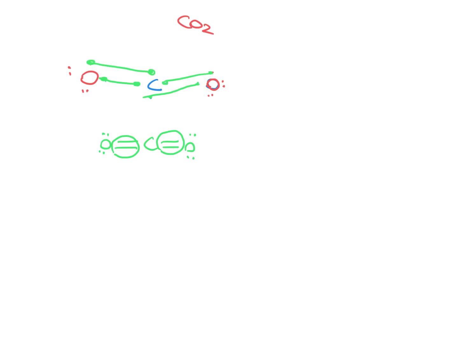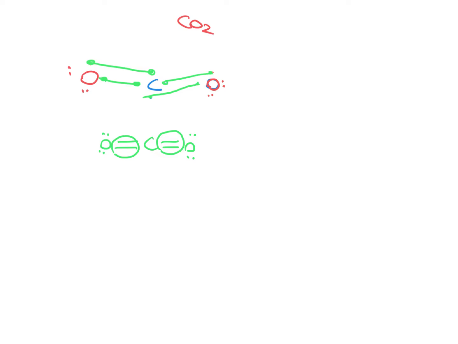So we should know these things to understand how we write the structures, but this is not the focus of our course. This is like the language, like knowing the alphabet to know how to write words. We focus on writing words, but I don't ask you specifically to write these structures for this class, but you should know. So when we talk about double bonds, single bonds, you have an idea.